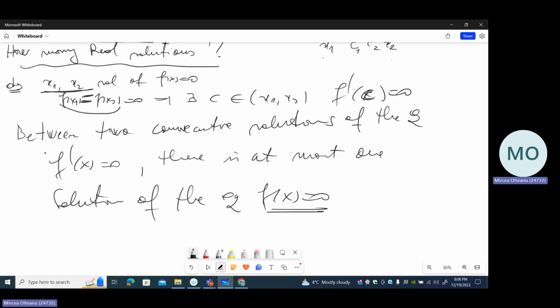So the idea of the algorithm is to solve the equation f prime of x equals 0, and these solutions will separate the solutions of the equation f of x equals 0. So we can somehow count the number of the real solutions of our equation.